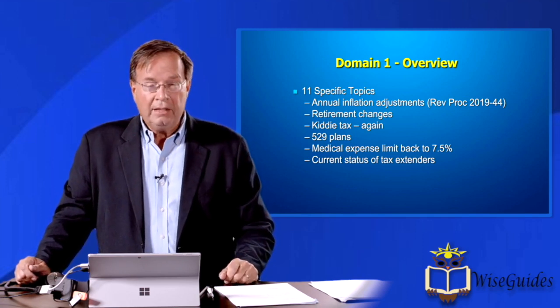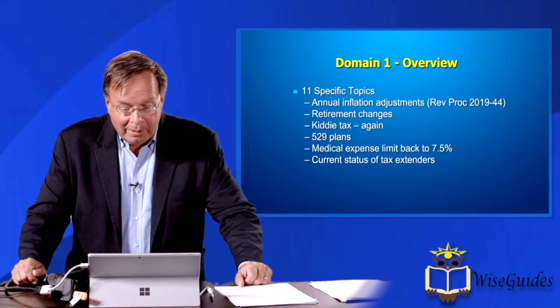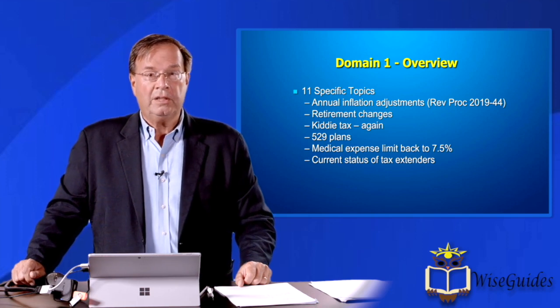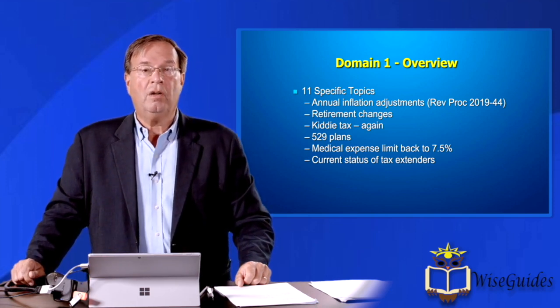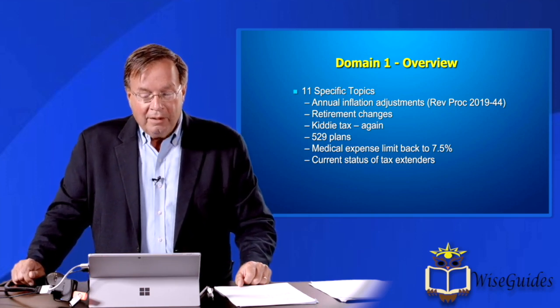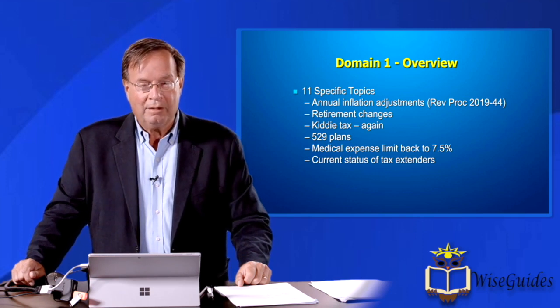To be honest, the kiddie tax that they passed before dealing with trust rates, I did a continuing ed course on that, and I never worked so hard at trying to explain a stupid law as I did for that. And now it's back to the way it used to be, which is the way it should be. There's also some more flexibility in 529 plans. Medical expenses, which I've got to believe there's a huge lobbying effort with the elderly to get it back to 7.5% again.